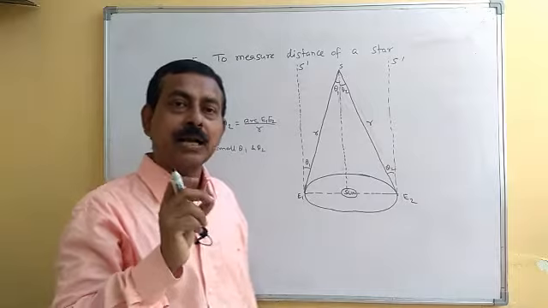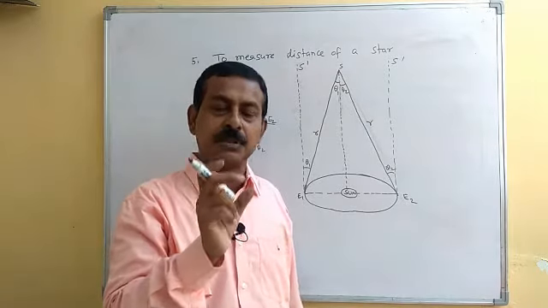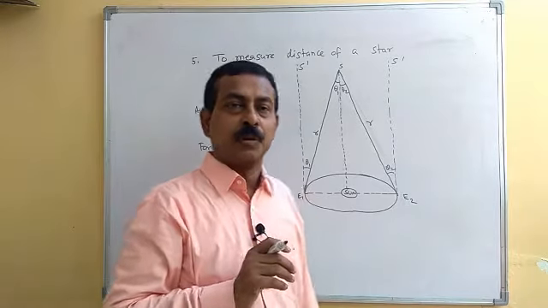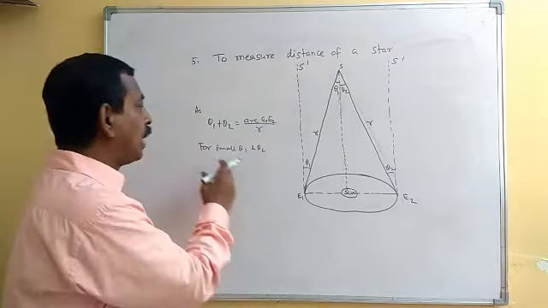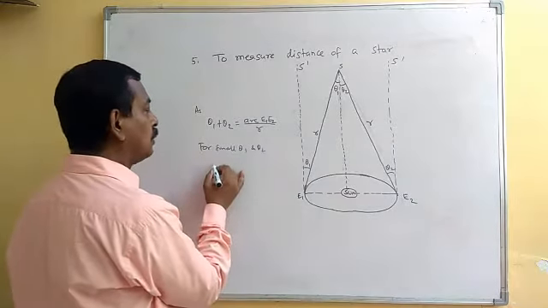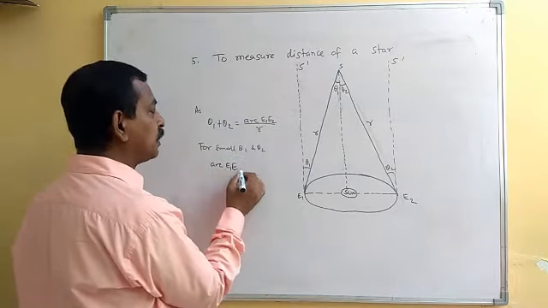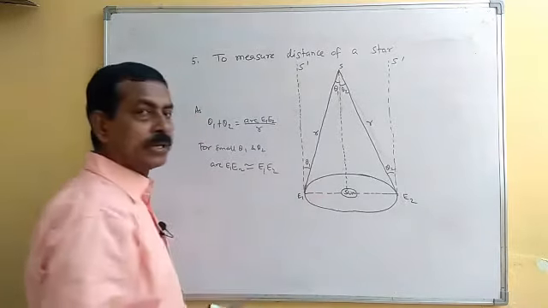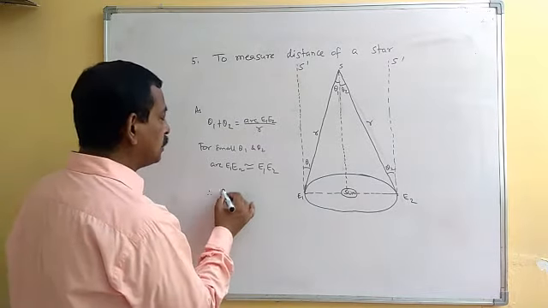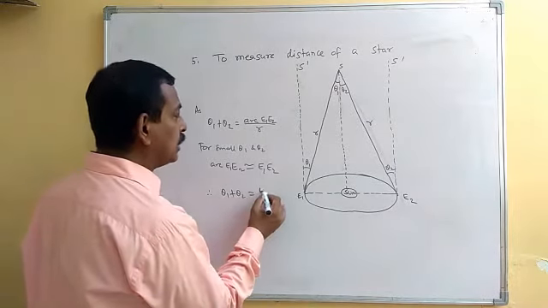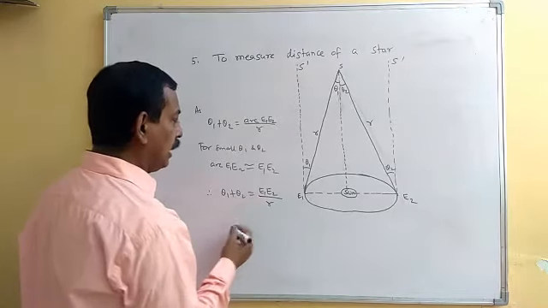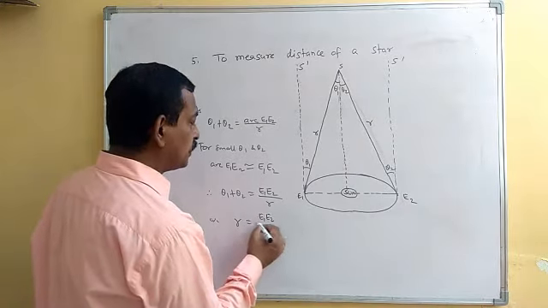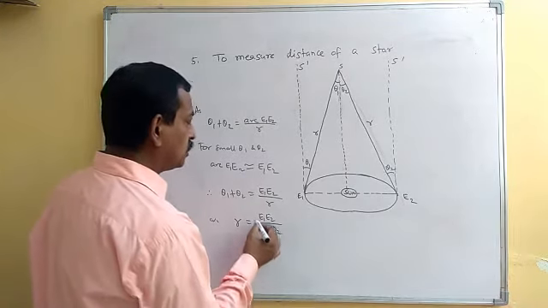It is large with respect to the extent that we can take observations properly, but still it is a very small angle. So as theta 1 and theta 2 are small, arc E1E2 will be nearly equal to E1E2, that is the distance between E1 and E2. So this will give theta 1 plus theta 2 nearly equals E1E2 by r, or we can write r equals E1E2 divided by theta 1 plus theta 2.